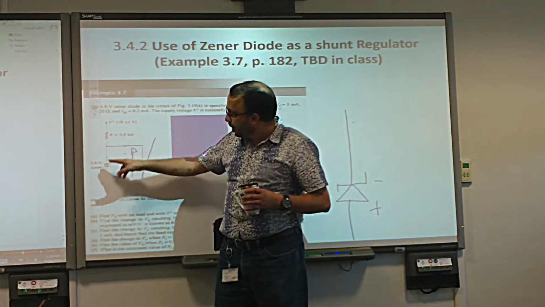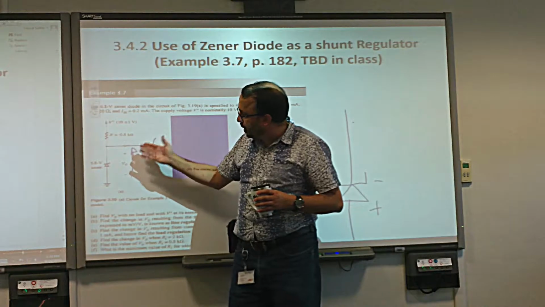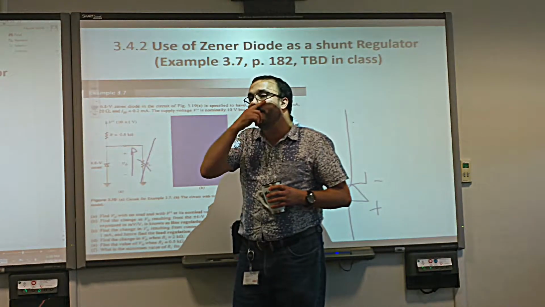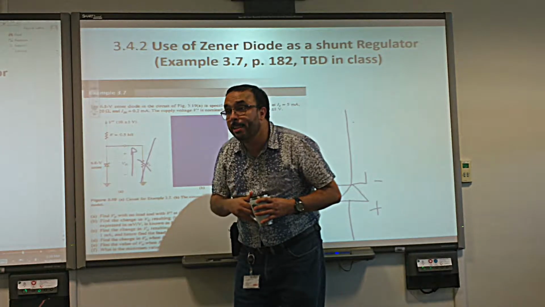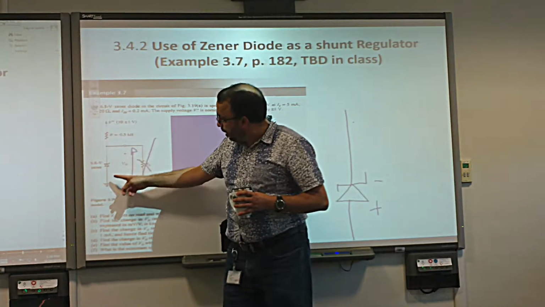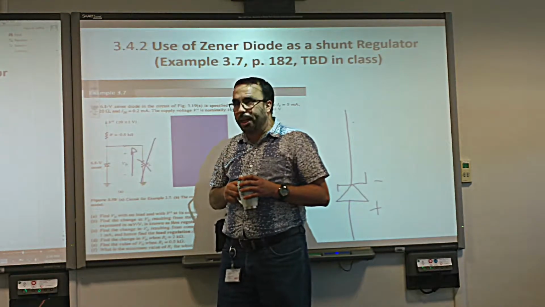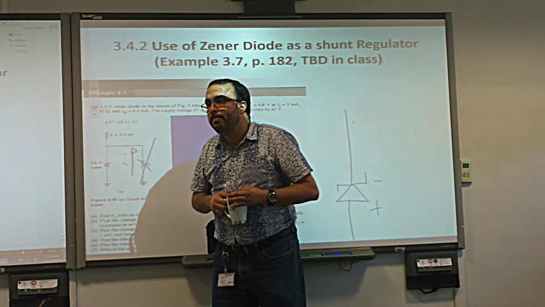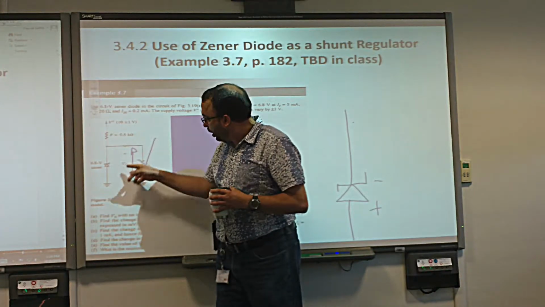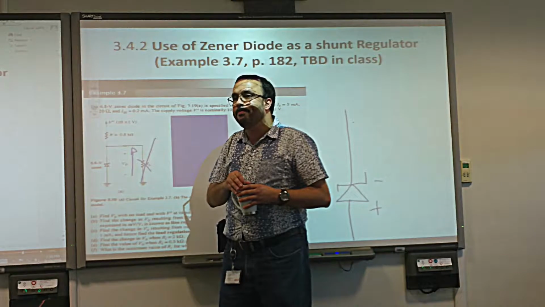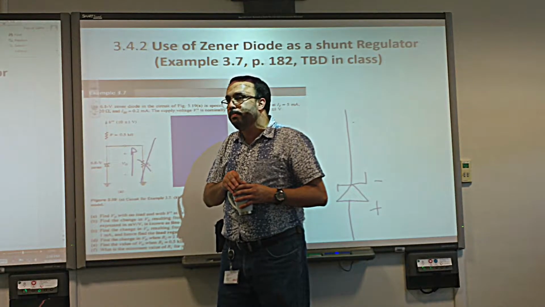But how do we study this circuit now? So VO is not equal to V in the diode? Yeah, the V output هو the same as the diode voltage. This output is the voltage of the diode.